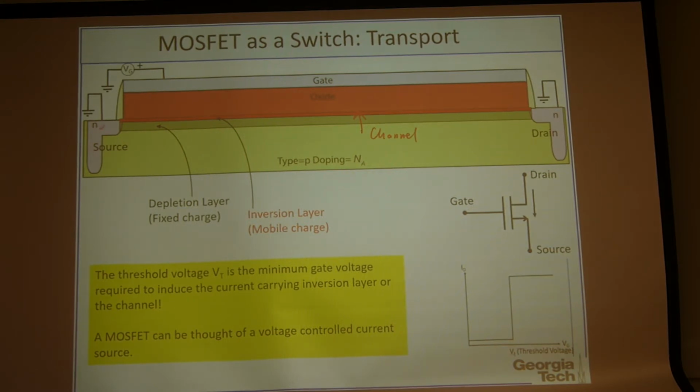Source and the drain, because N-type, there are many electrons. In the channel, there are also electrons. So then we have this electron flow from the source via the channel to the drain. So that's the current.